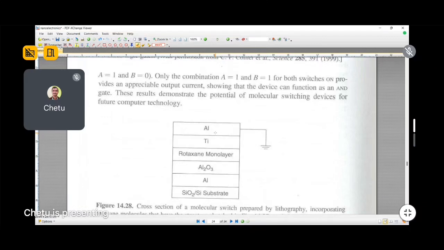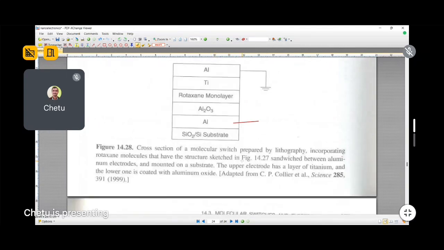So to use this molecule as a logic gate, this scheme is shown where you have a silicon oxide, Si, substrate on which aluminum is deposited as a metal connector for output. Then there is the insulation Al2O3. Then there is a rotaxane monolayer. Then the titanium and aluminum is deposited, and this particular switch is developed.